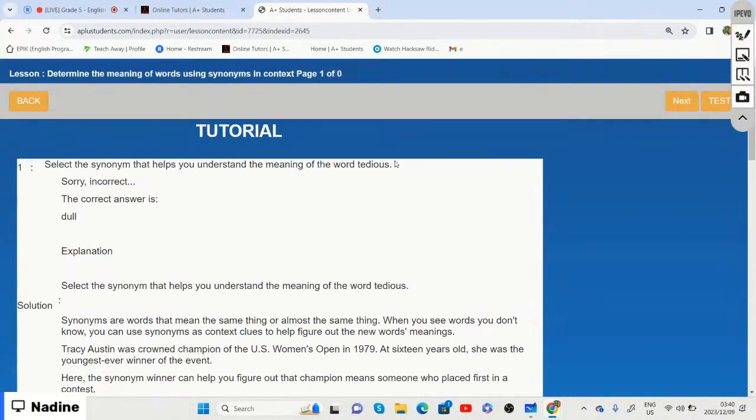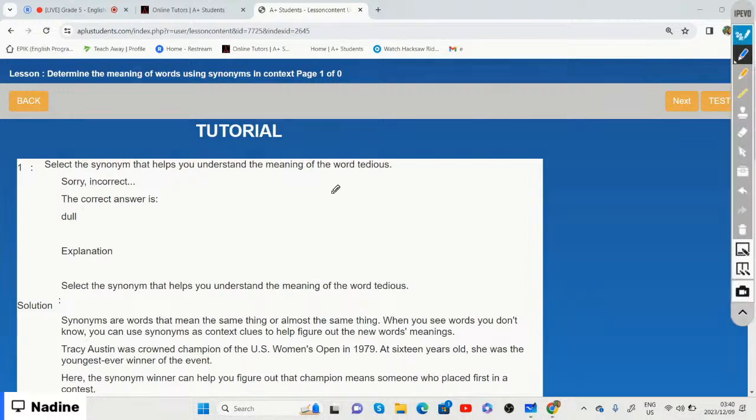Which means that the meaning of tedious can either be dull or too long. That is how we understand the meaning. You need to find the specific meaning based on the synonym. So tedious means dull or too long.